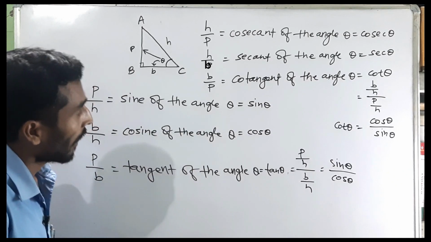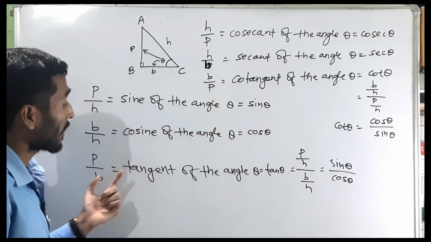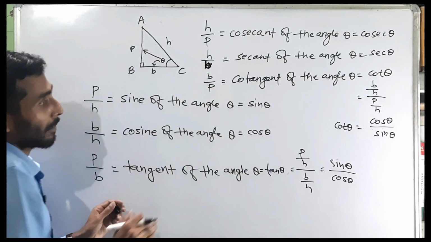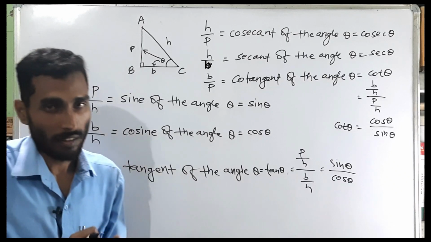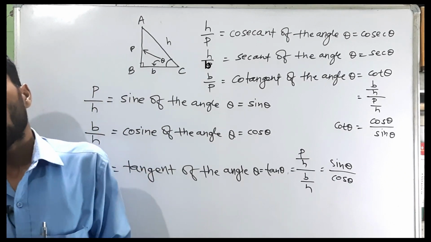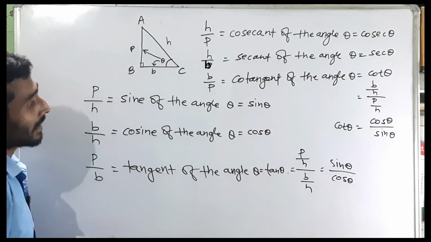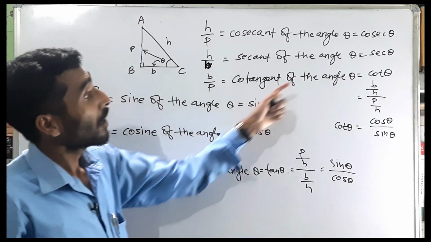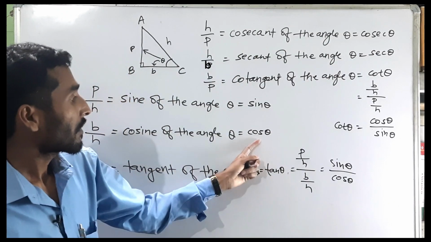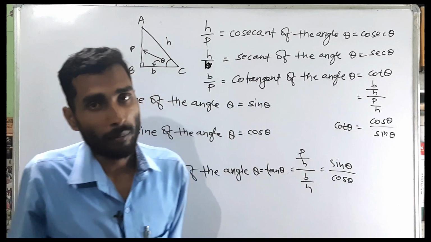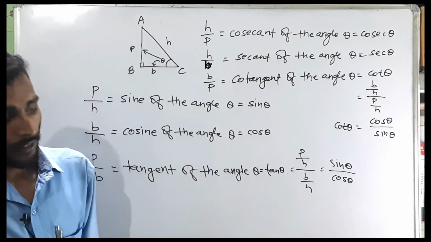Cot theta and tan theta are also reciprocal to each other, because tan theta is p by b and cot theta is b by p. We know that the product of reciprocals is 1, right? So sin theta into cosec theta is 1, sec theta into cos theta is 1, and tan theta into cot theta is 1.